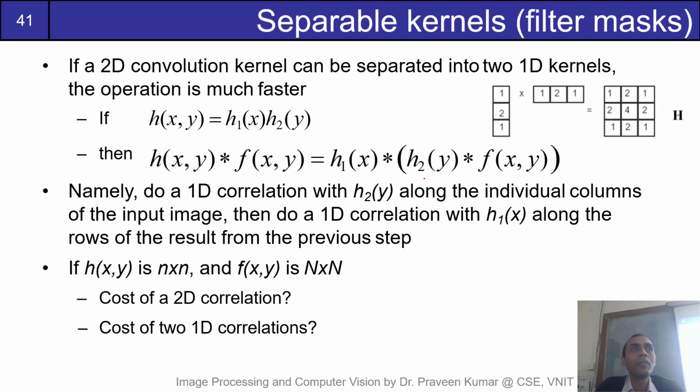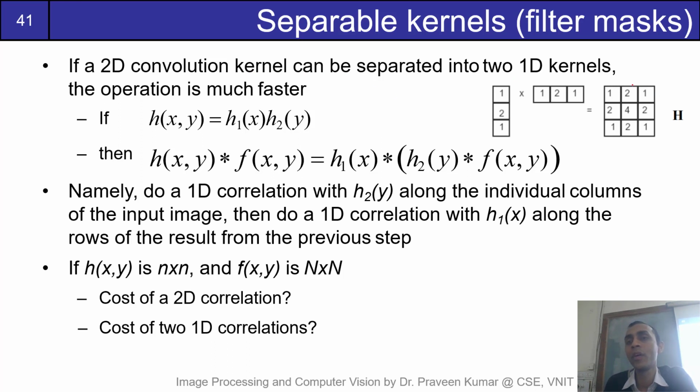you can try to separate the filter. Sometimes the mask that we are trying to convolve with can be separated into two one-dimensional kernels, and in that case they are called separable kernels. What it basically means is that a 2D convolution kernel can be separated into two one-dimensional kernels.